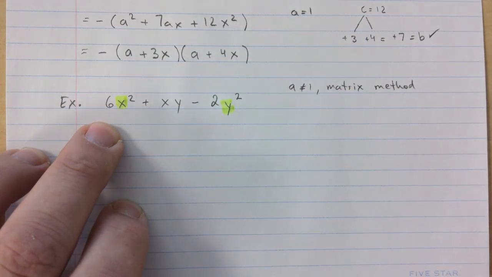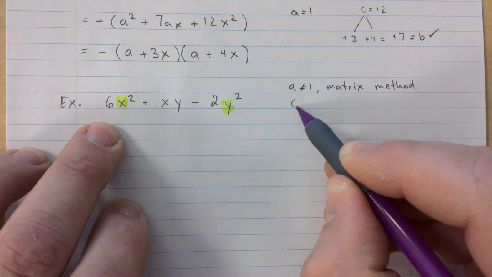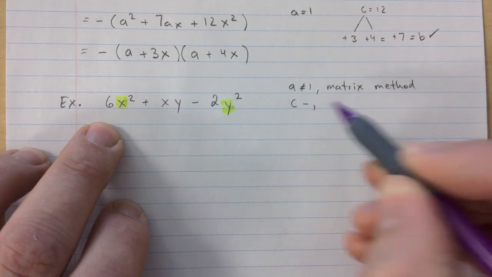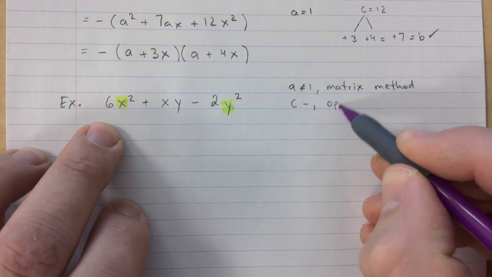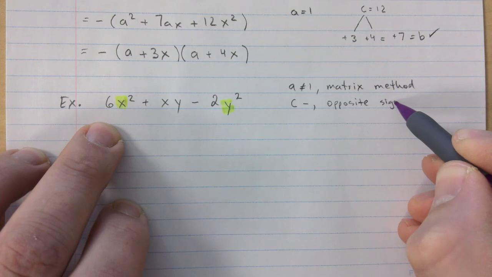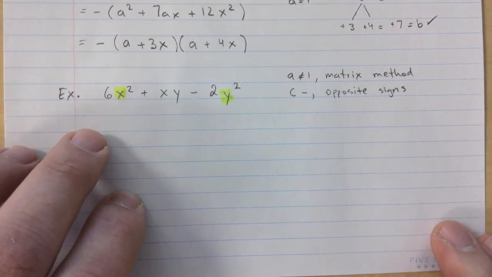Okay. I notice that C is negative, so that means that we'll have opposite signs of our factors on the other side of the matrix, right?